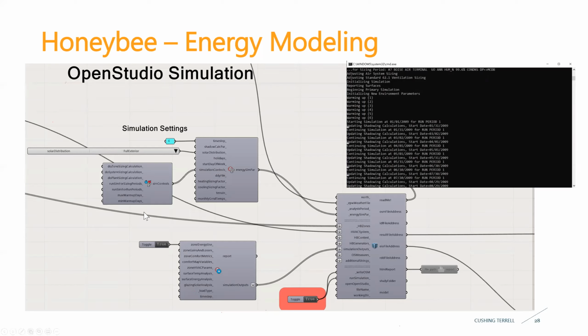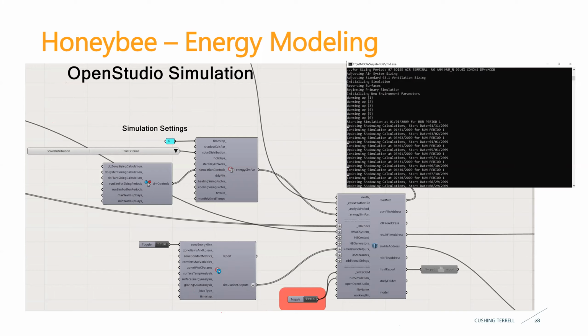So you can set the simulation settings, set what you want as the output, and then toggle it to run. When it runs, it opens up a command window and starts running the simulation. It can do it pretty quick. I think each simulation in this example for the 5 zones took about 30 seconds on my machine. So it happens pretty quick.